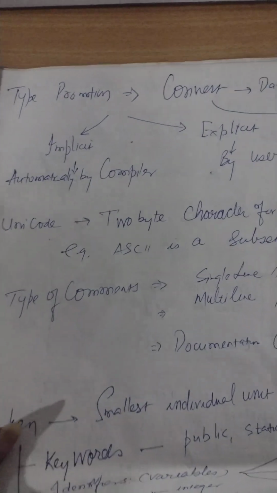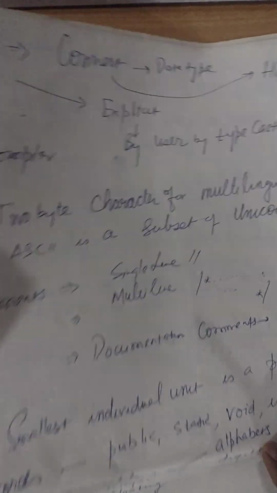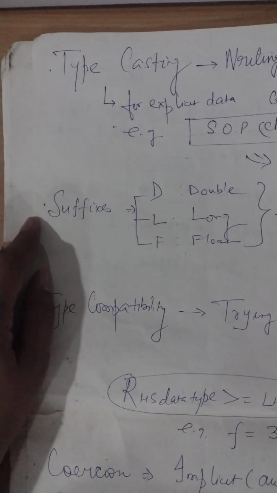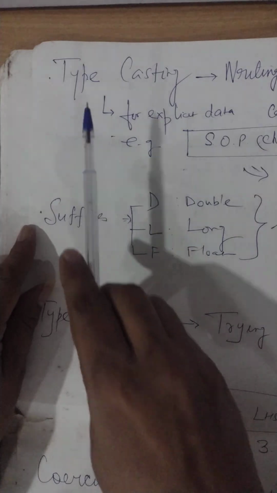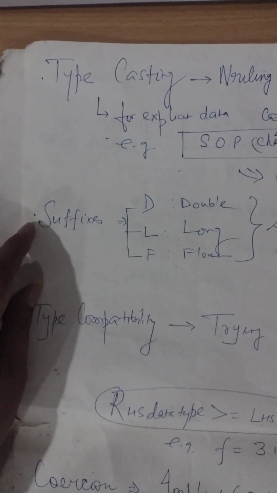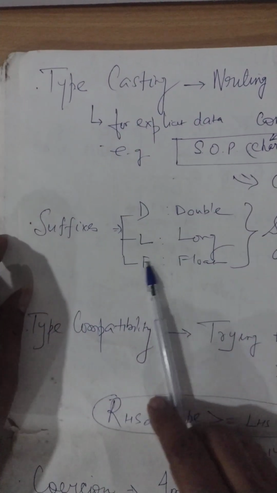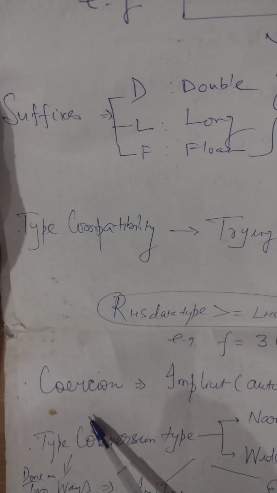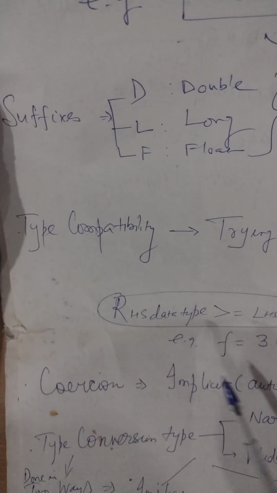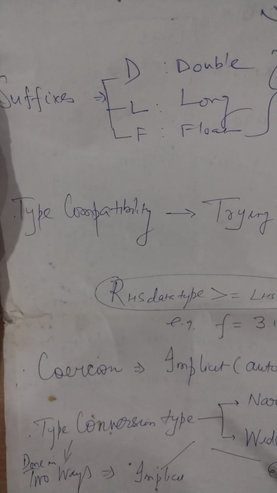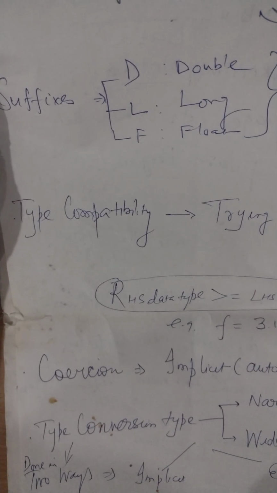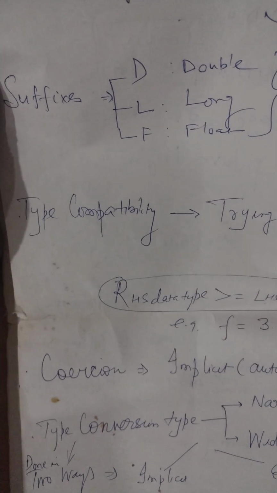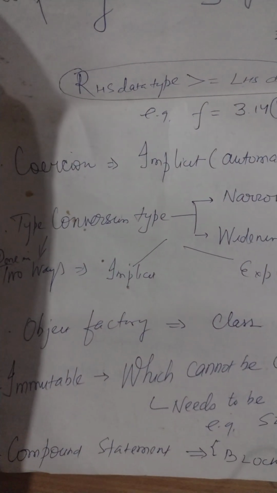Next is again some definitions I have put over here. You can also write in your own language, like what is typecasting, writing a data type before a value, what is suffix, what is type compatibility, what is conversion type, what is object factory, what is immutable, all this compound statement like that.